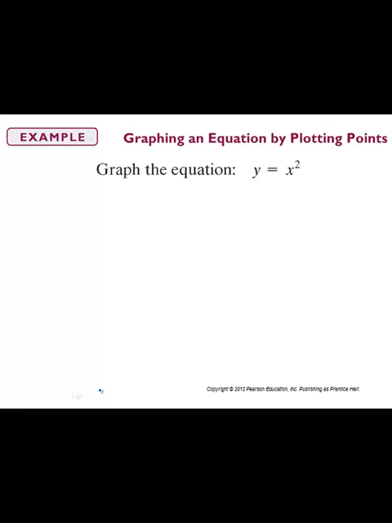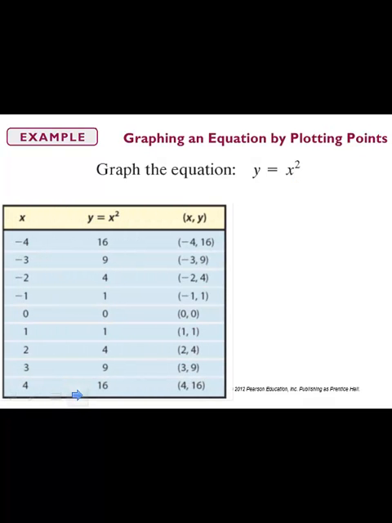All right, here's another example, y equals x squared. So we can go ahead and figure out some points that are on the graph. We can go through and specify these different values for x, maybe from -4 to +4. And of course, square each of those numbers. So we have this whole list of ordered pairs whose x and y coordinates satisfy the equation.